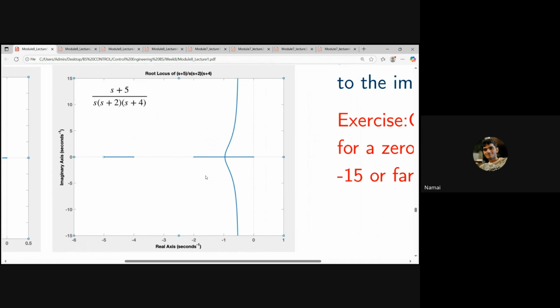Without using a computer, you can draw only a rough sketch of the plot. You can get the overall shape. Okay, got it.